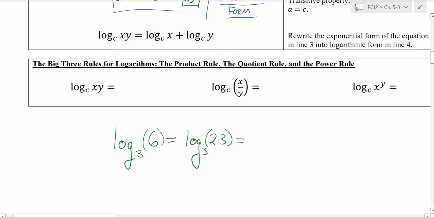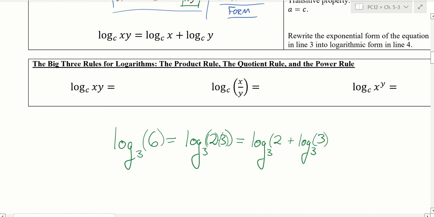And how could we split this up? Well, we could say this is really just the sum of the logarithms of each factor, right? So we have a factor of 2, so log base 3 of 2, plus, well, we have a factor of 3 here, so log base 3 of 3.